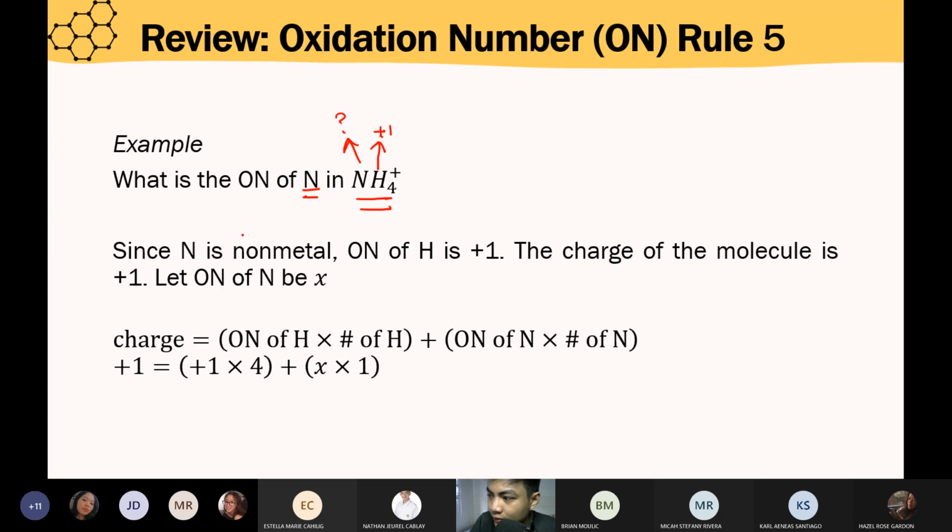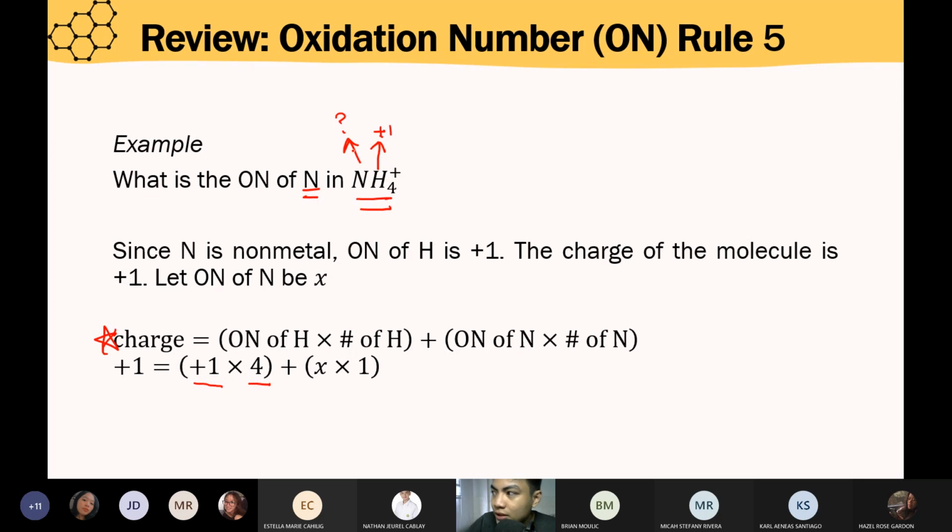For us to do that, we always use this equation: the charge of the entire molecule is the sum of the oxidation number of each element times how many of them there are. For hydrogen, we have four, and its charge is positive 1. That's rule number 4.